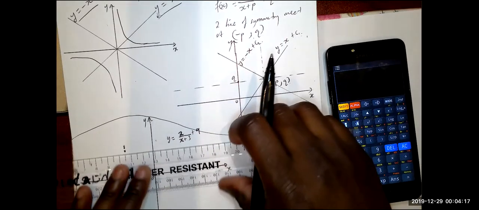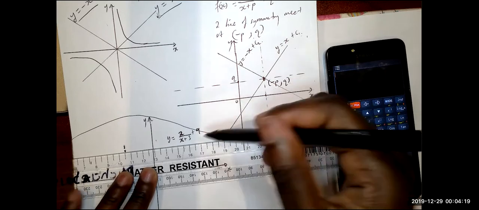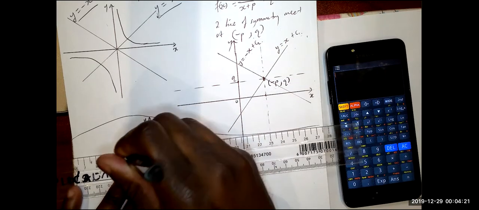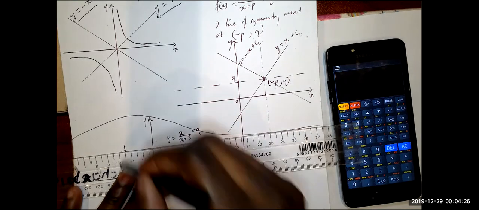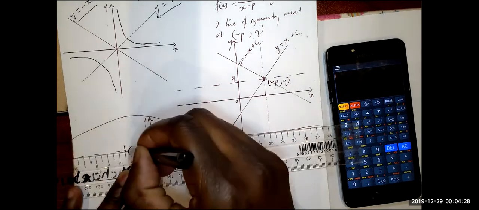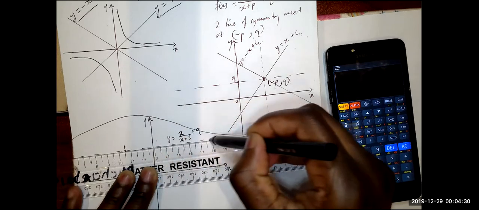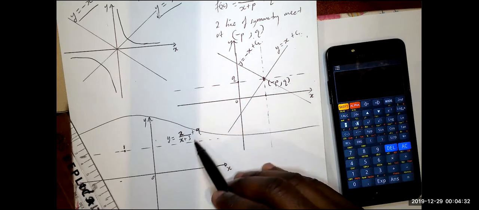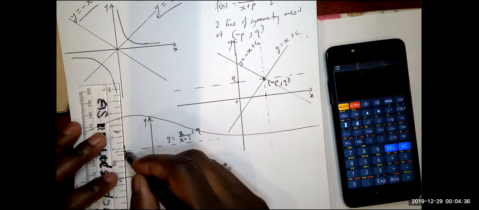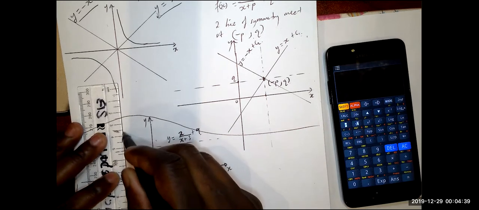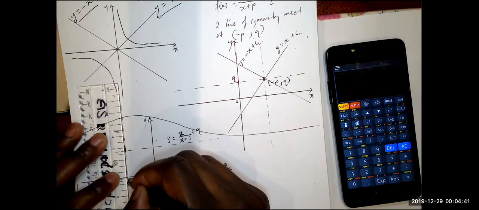Okay, so here we said, what is our asymptote? The y asymptote is 9. This is our 9 here. It's an asymptote. That's what you just need to remember when you're given an equation. And the other asymptote here is negative P. What is negative P? It is negative 3, because here there is 3 already.